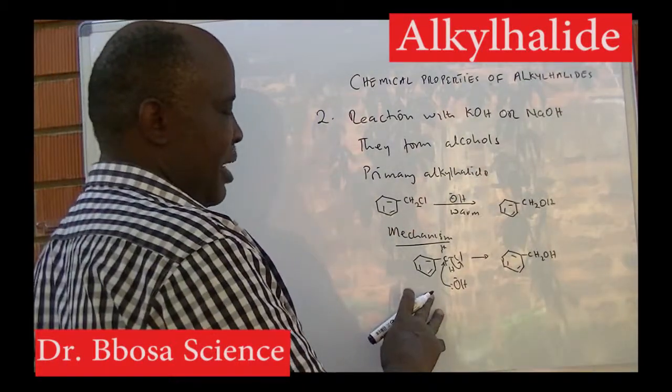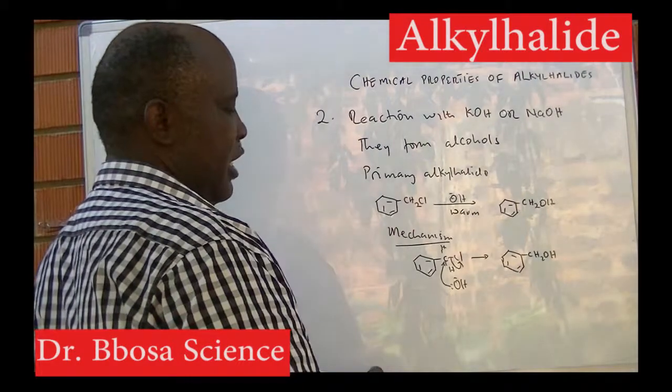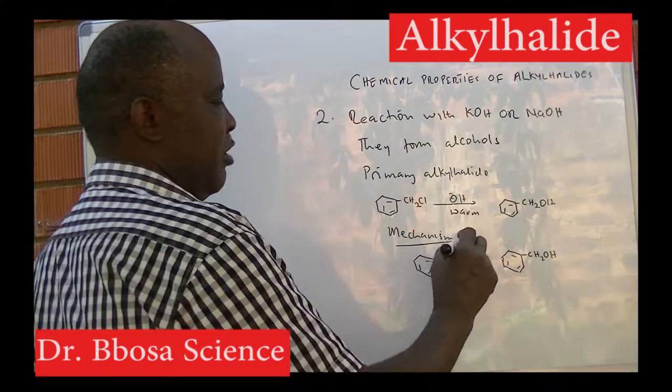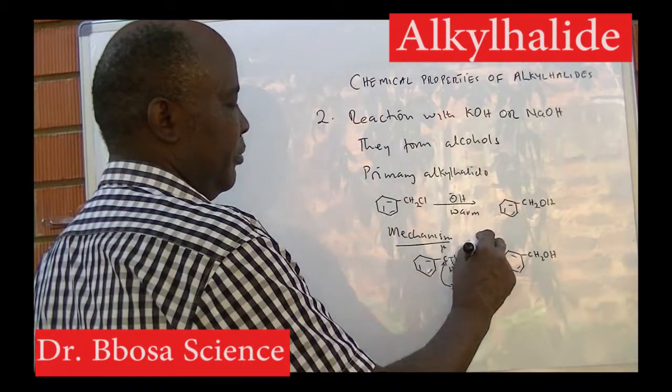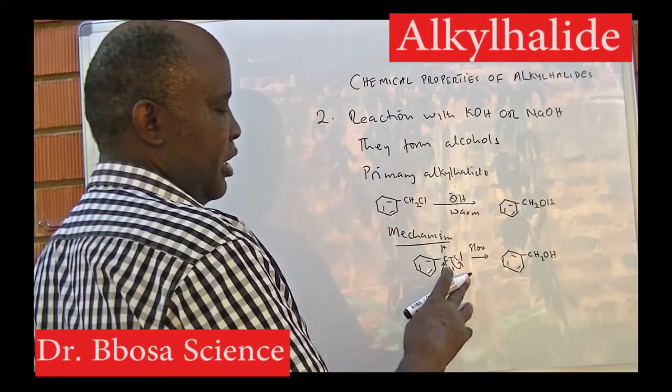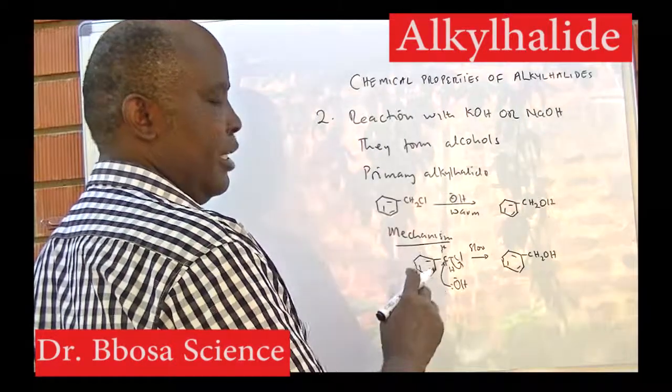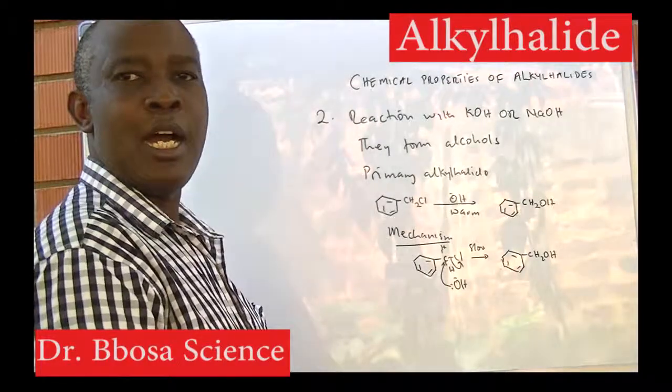The mechanism is described as SN2, because the slow step involves two molecules, the OH ion and the alkyl halide.